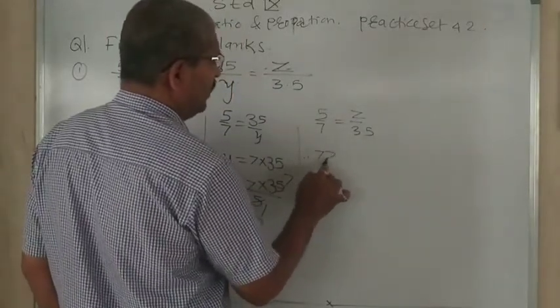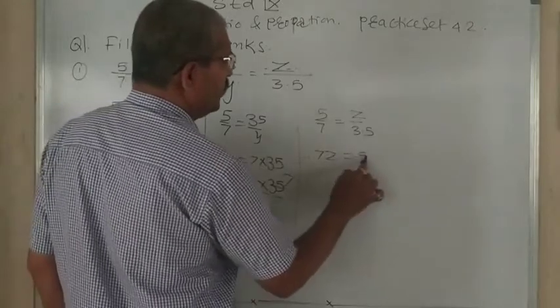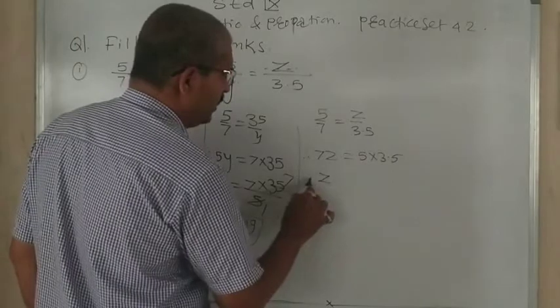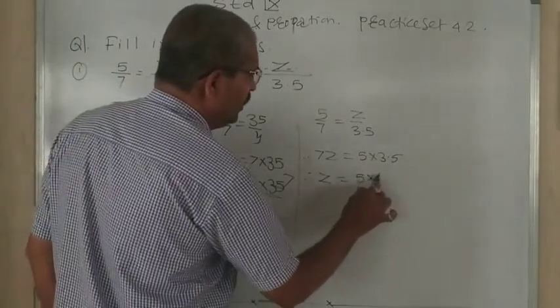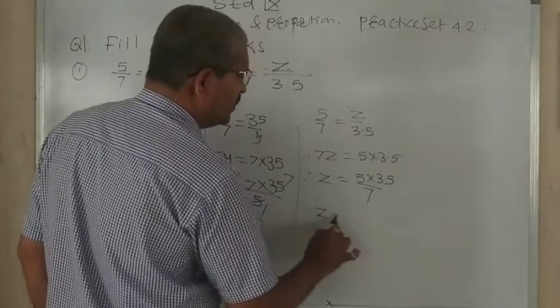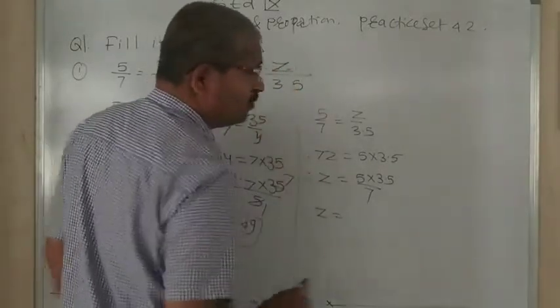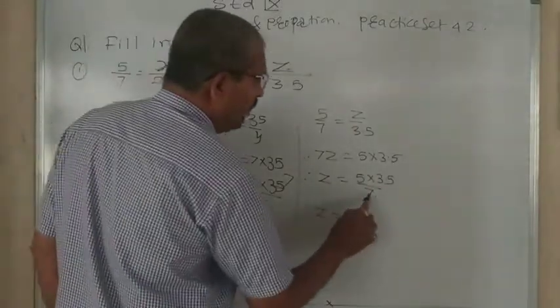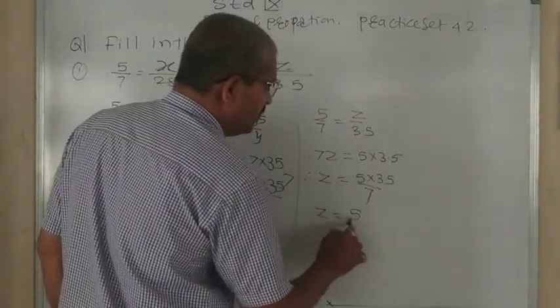Thus 7 into z is equal to 5 into 3.5. Now z is equal to 5 into 3.5 upon 7. Number of students have a problem with how to cut the point sign, so I am going to tell you an easy method.